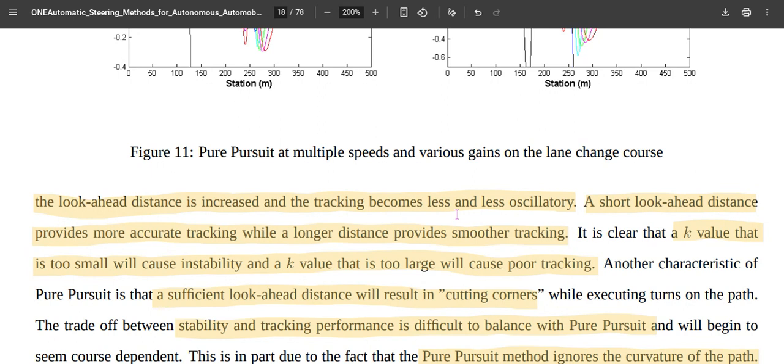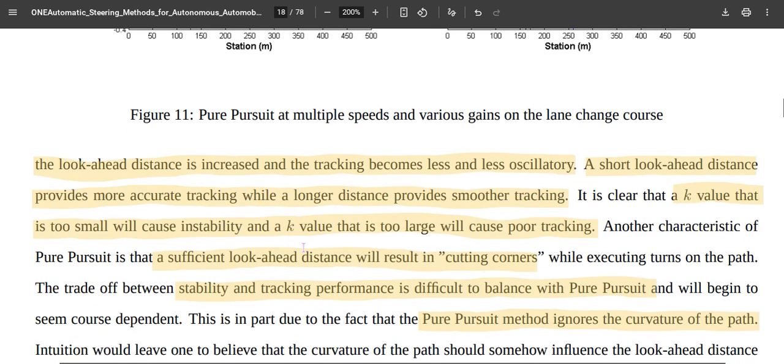A shorter lookahead distance provides more accurate tracking, as we can take a sharper turn, but a longer lookahead distance doesn't give you an instability problem, and it gives you a smooth tracking.